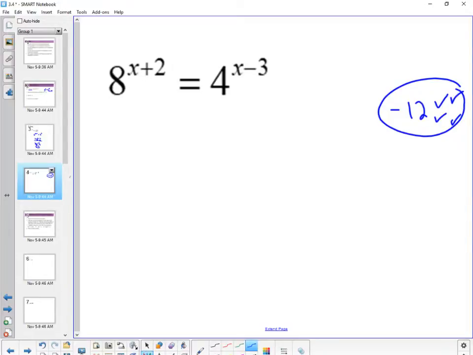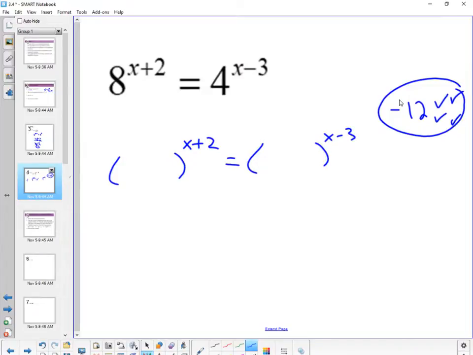Do it. Okay. So, remember, I need them to be the same base. Correct? So here's what I'm going to do. I'm going to do this first actually. This will be my 8 and this will be x plus 2. And this will be my 4. This will be x minus 3.